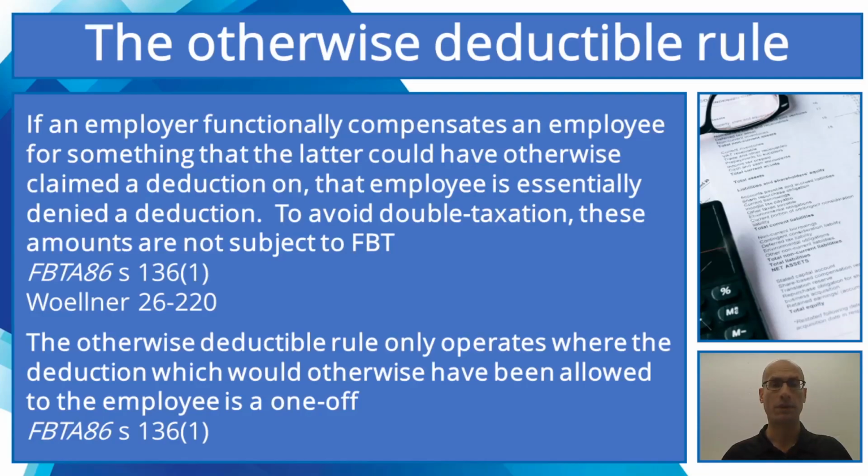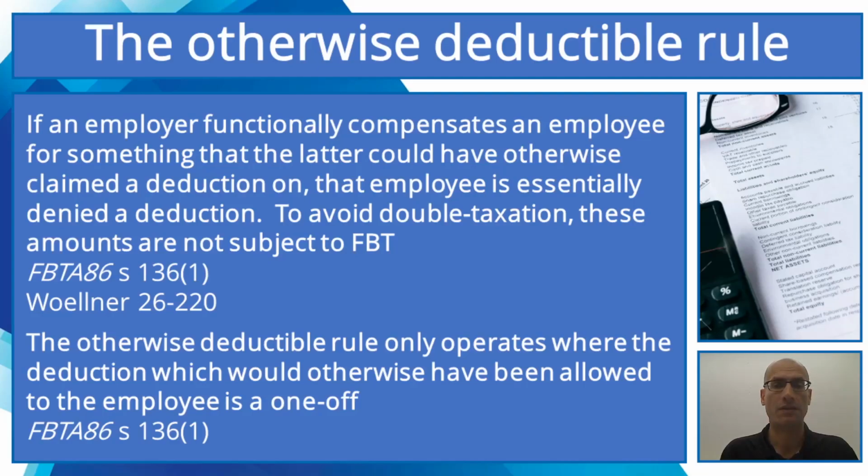So to avoid a situation where there's kind of double taxation, the amounts that would be paid to an employee, or that otherwise compensate an expense that the employee would have incurred that was a tax deduction, are not going to be subject to fringe benefit tax.